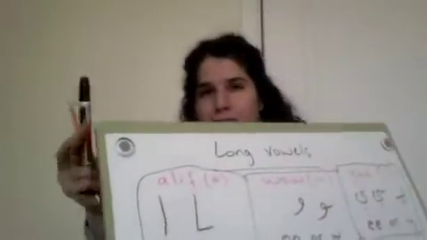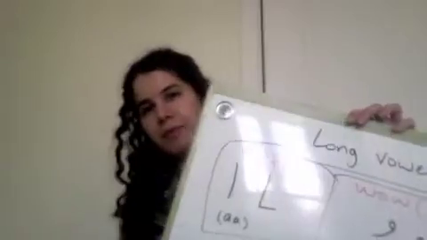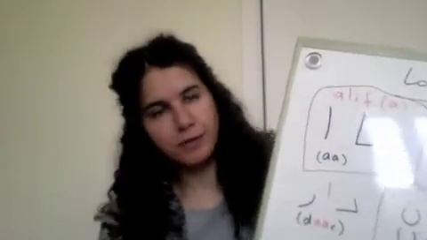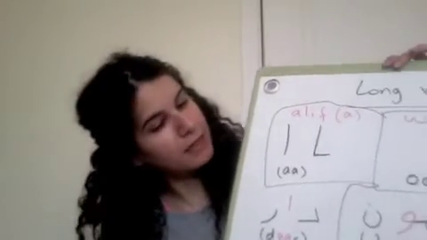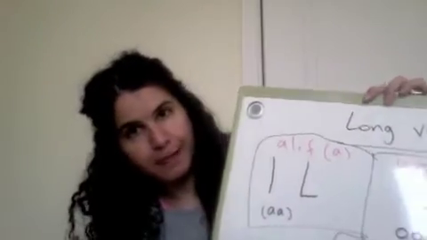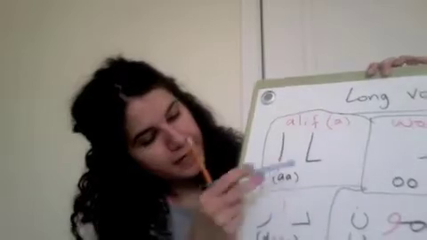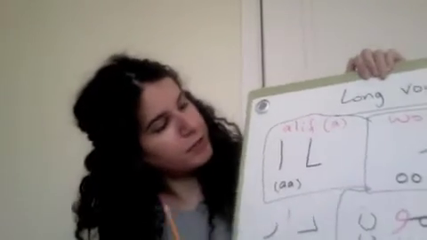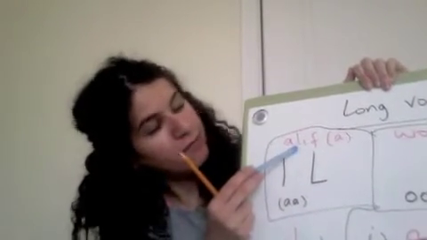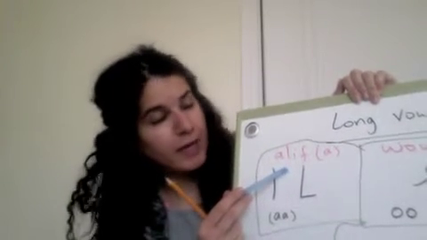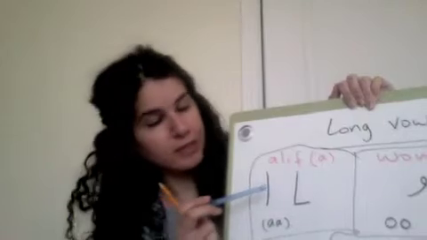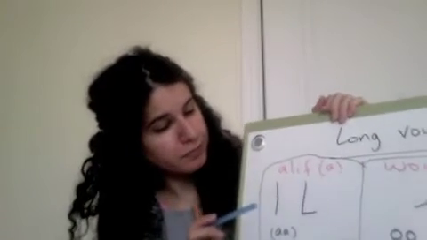So here's a summary of all the vowels that we have in Arabic. But I'm gonna start with this one, the alif, which was last time's lesson, and just wanted to explain it here in a more clear manner for you. Alif is one of our long vowels. In Arabic, it's also our first letter of the alphabet.